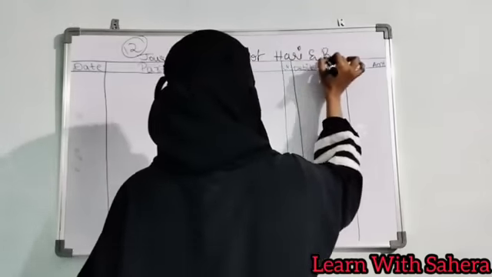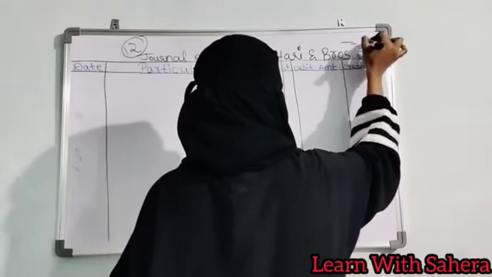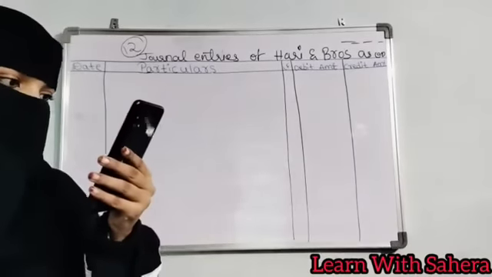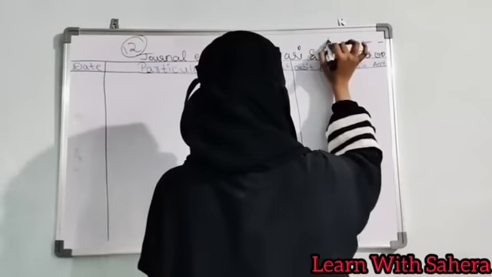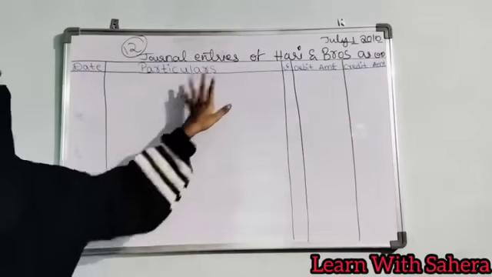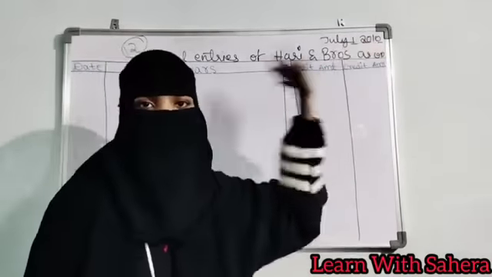Hari and Brothers. As on, here you have to write the date, whatever it has given. It has given July 1, 2010, no? So, you have to write July 1, 2010. Okay. Journal entries of Hari and Brothers as on July 1, 2010.